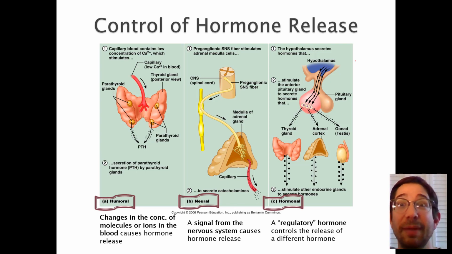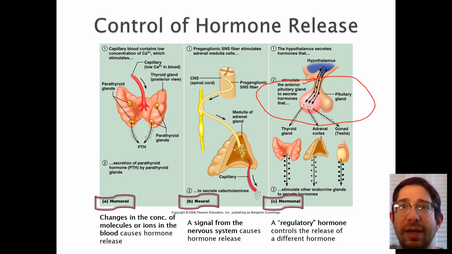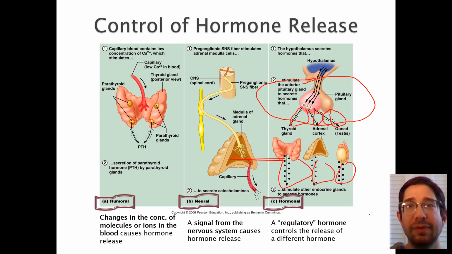But this master gland made all of these hormones that could regulate the behavior of other hormones or regulate when they're released. As you can see in our picture here, whether or not this pituitary gland up here releases these hormones determines whether or not these other hormones get released. So it's these regulatory hormones made by the pituitary gland that control the release of these other hormones.